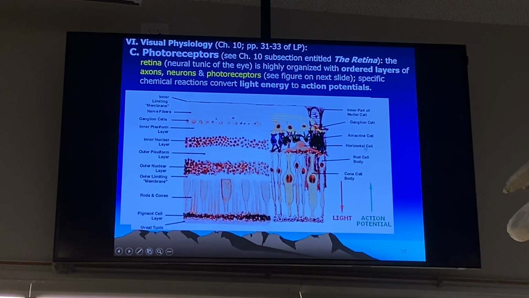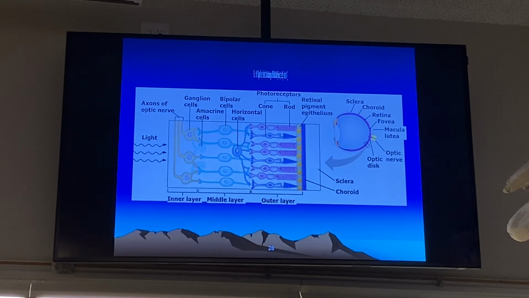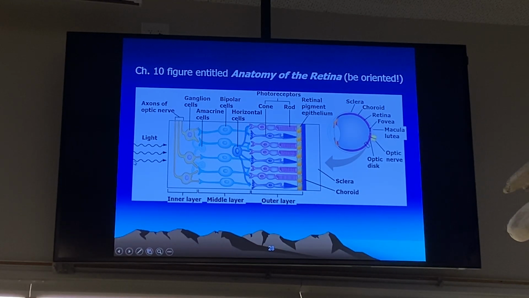But all the neural signals are going up, the light is going down. Everybody see how it's in opposite directions? Here, look at the lights going from left to right. These guys are the deepest layer pointed away from the lens. But then the neural signals are going to go in opposite directions, eventually going through the axons of the optic nerve.